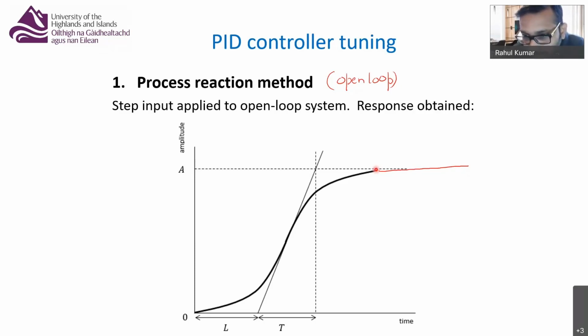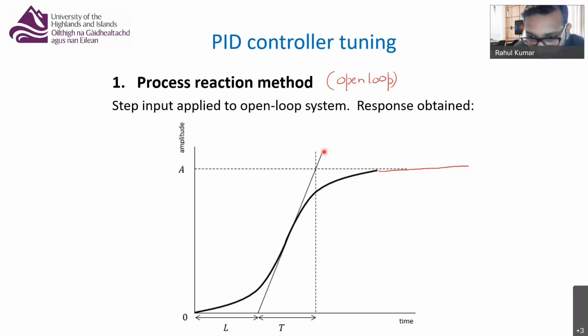So what we do is we find the amplitude of this by drawing a line backwards towards the y-axis, and we measure the amplitude A. Okay. And the second thing which we measure is the slope of this middle section.